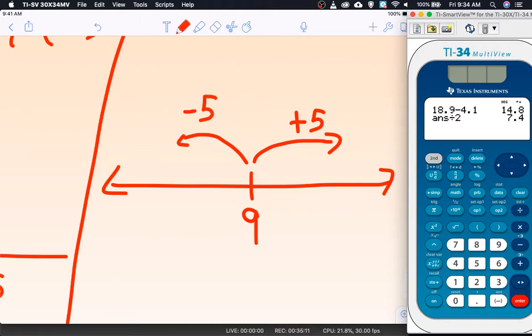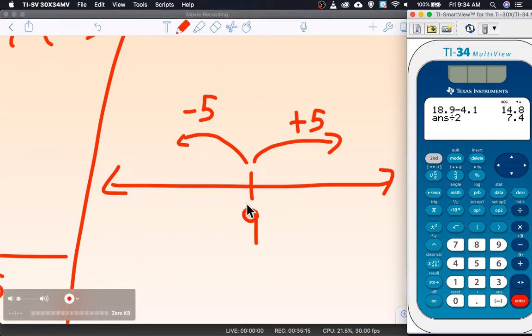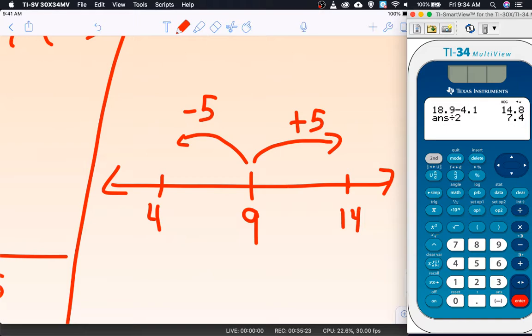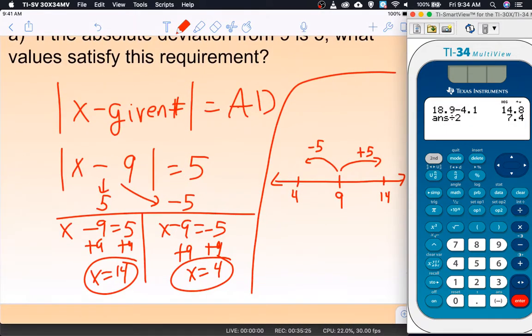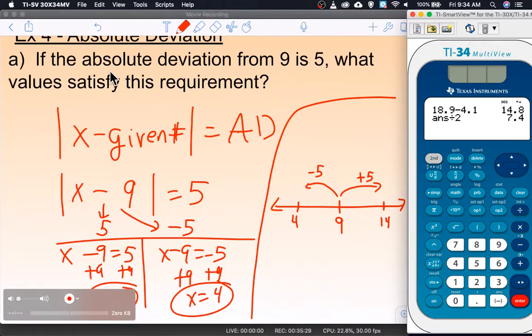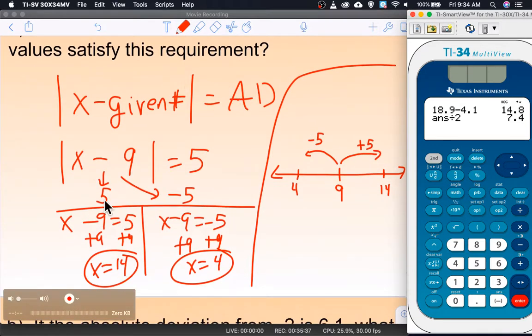So I'm deviating from the number 9 five units up and five units down. And guess where that lands me? At 14 and 4. Those were the two solutions we came up with. That's really what this problem is doing. If the absolute deviation from 9 is 5, up 5, down 5, what values satisfy this requirement? It is 14 and it is 4.